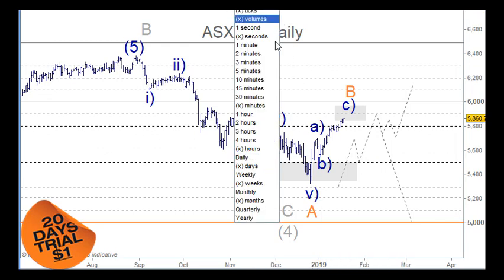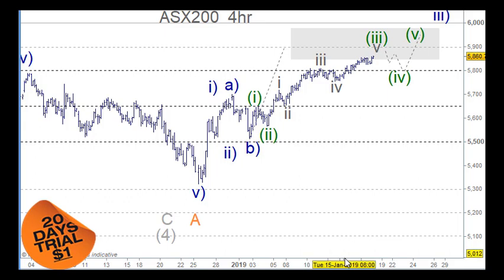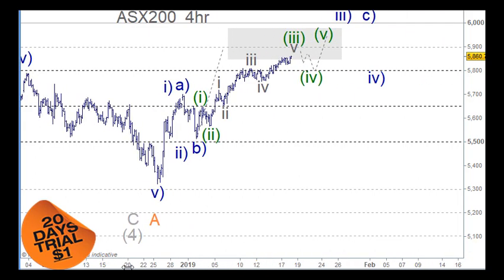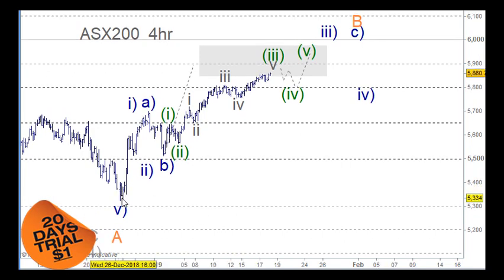Let's go in and have a look. On the 4-hour chart here, I've got this first move up as wave 1 or wave A, wave 2 or wave B for this low, and then we're looking up here for wave 3, 4 and 5, or just to wave C here, and then we finish.